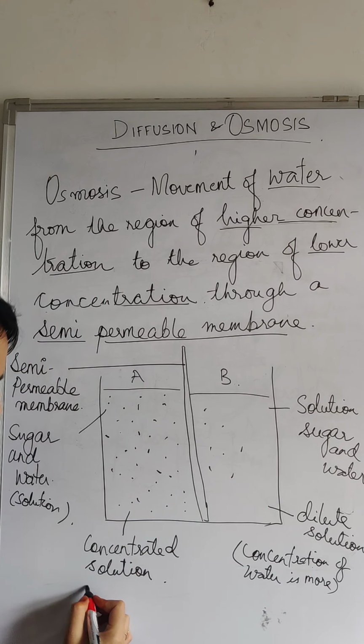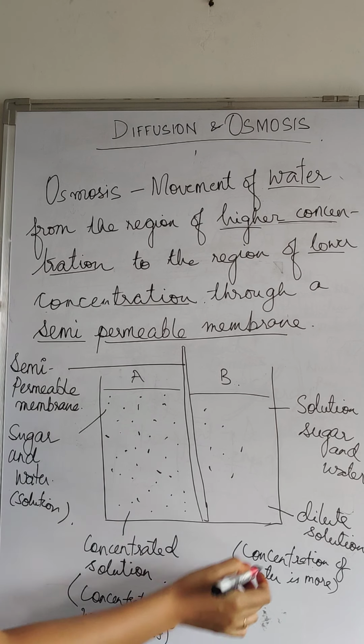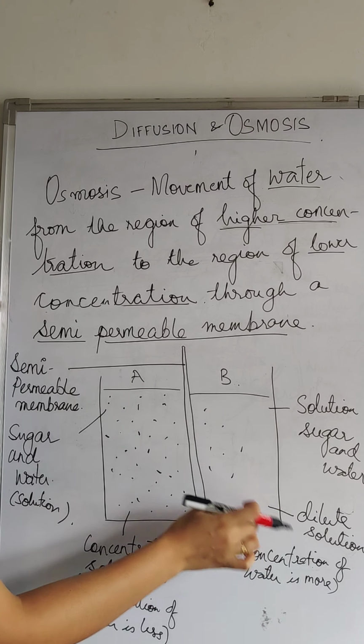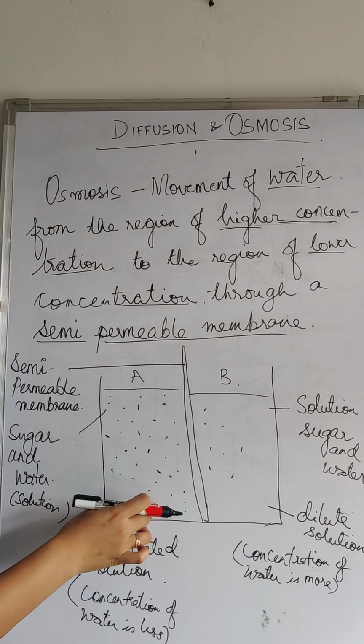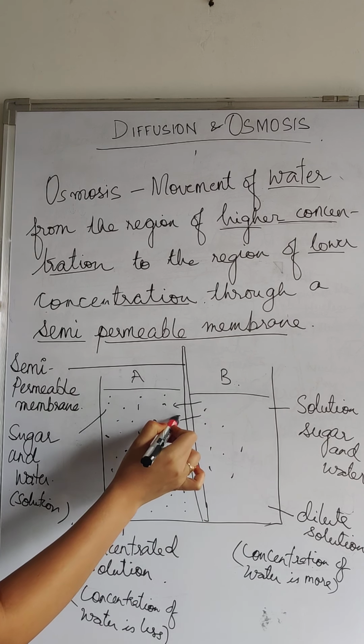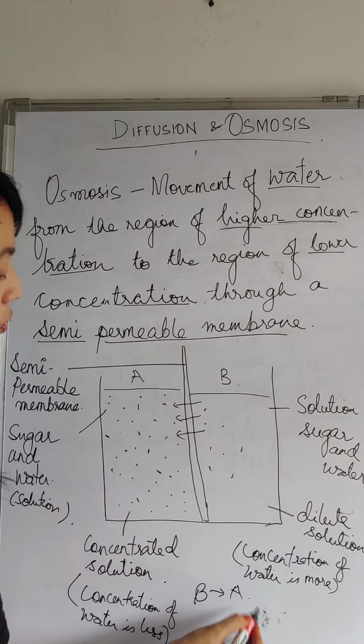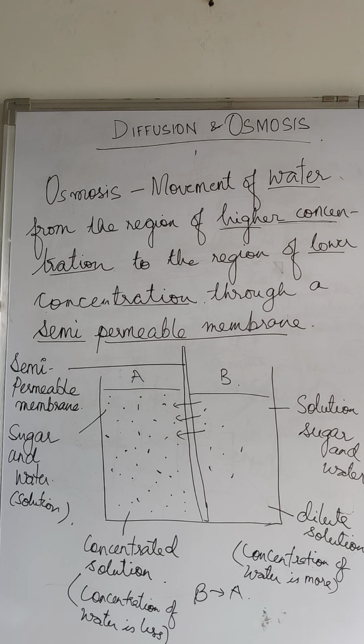Whereas here, the concentration of water is less, right? So this is the region of higher concentration of water, and there is a region of lower concentration of water. So the movement of water will take place from B to A. So this process we call osmosis. I hope you got it.